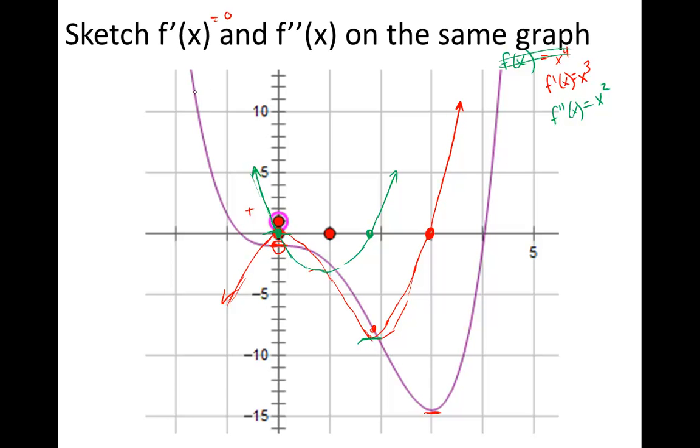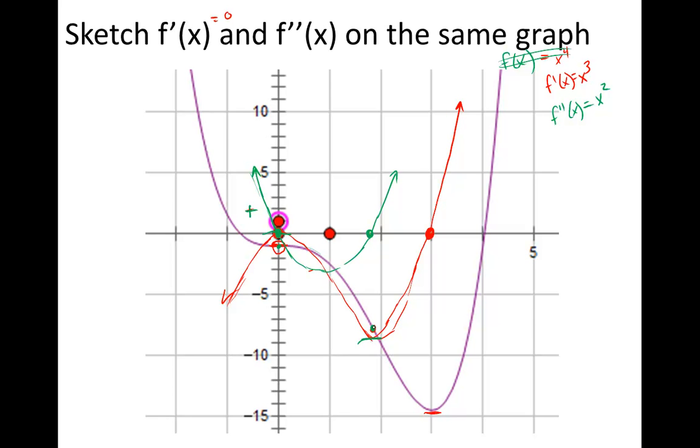Note that here I've got a positive concavity up until this point right here, 0. So that's why my second derivative has a positive value. After this point, I've got a negative concavity until approximately this point right here. The negative concavity is a negative second derivative then.